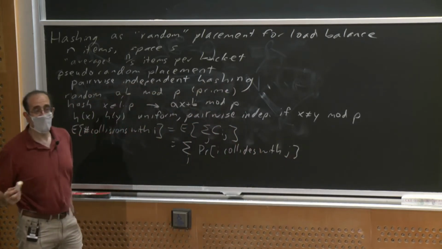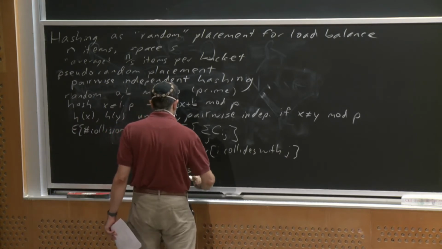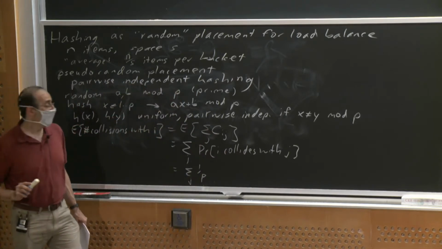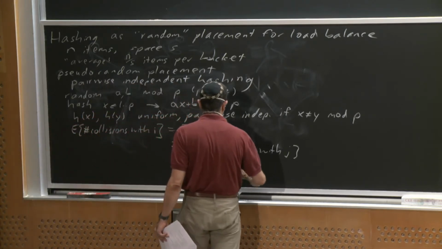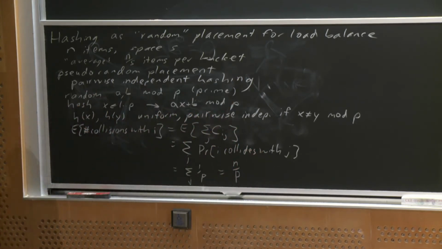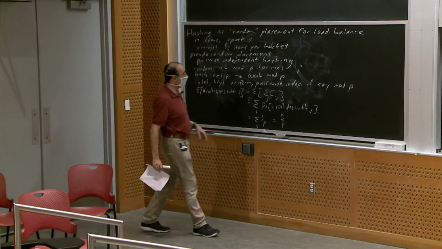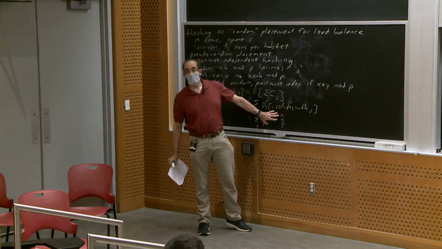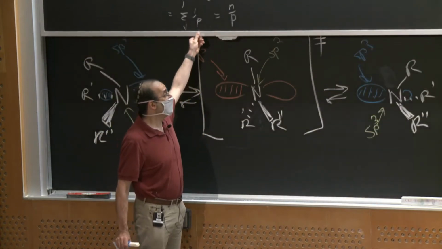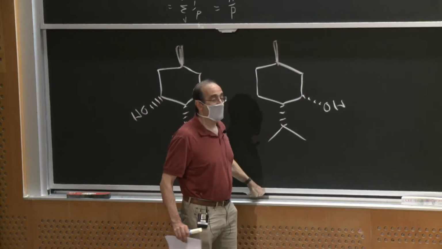But since these values are pairwise independent, each of these was just equal to 1 over p, right? And so that entire sum was n over p. Yes? And so that works out very nicely. Again, as long as p is larger than the number of items n that you're storing, you end up with a constant number of collisions in expectation, which means you get constant lookups in expectation.